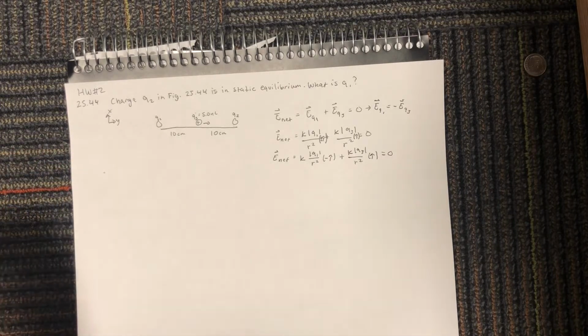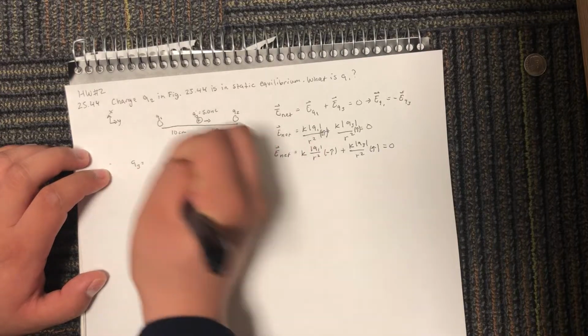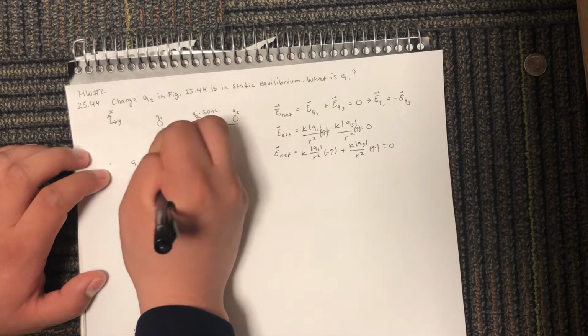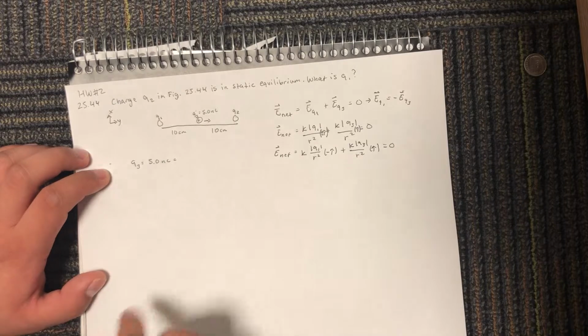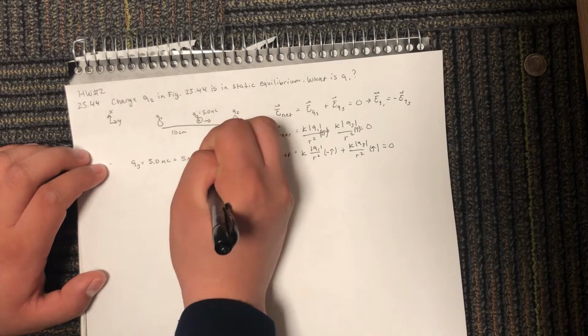And so now we have our equation. Now we need to plug in what we know and figure out what we don't know. So we know that Q3 is equal to positive 5 nanocoulombs, which can be rewritten as 5 times 10 to the negative 9 coulombs.